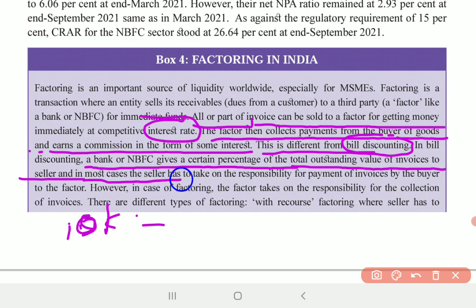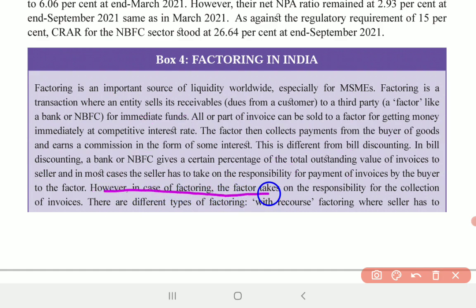In most cases, the seller has to take the responsibility. So the seller will be responsible in bills of exchange, but not in factoring. In factoring, the factor himself takes the responsibility. After the 2 or 3 months period, if the person is not returning the money, then you cannot claim from the MSME. This is the difference.